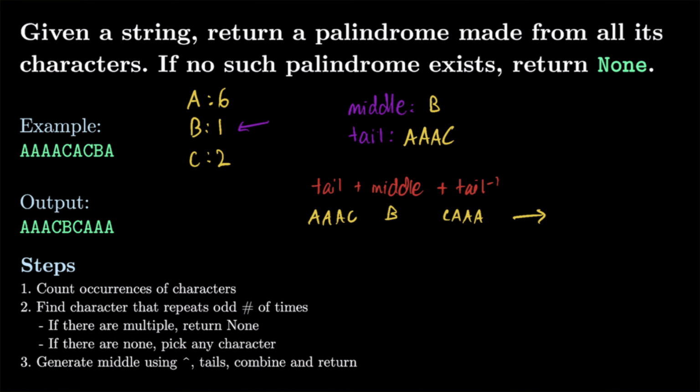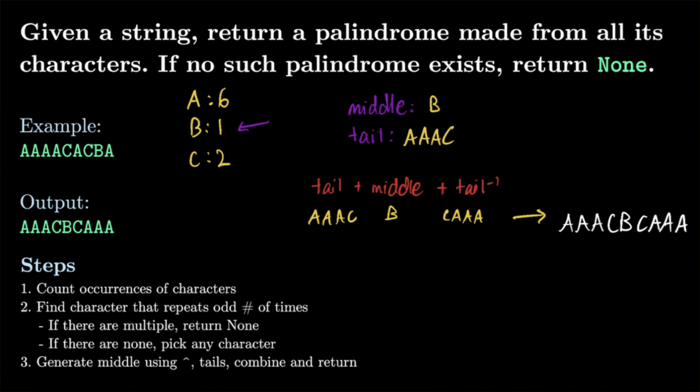So we end up with A, C, B, C, A, and that is a valid palindrome. Using this technique, we can generate any palindrome given a string of characters, or we'll just return None if it's not possible.